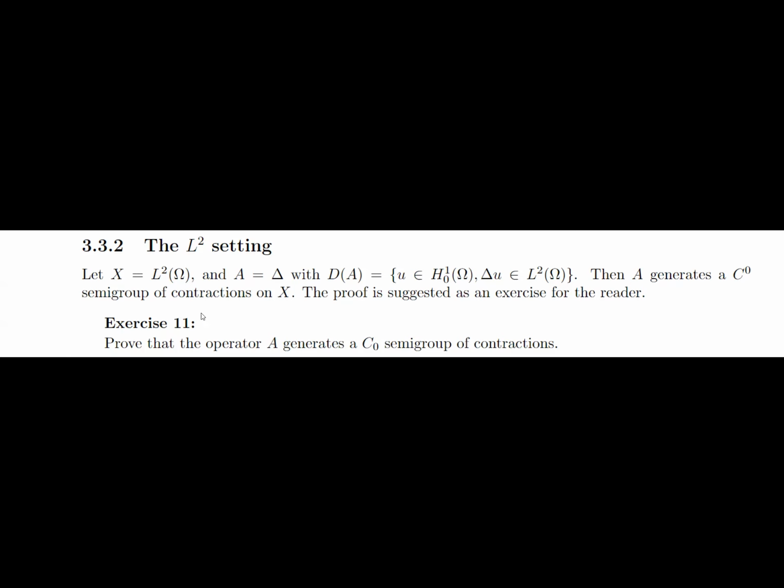All right, so we want to prove that A generates a C0 semigroup of contractions. To do that, first, D(A) is dense in L2. Those are classical results from the Sobolev space theory. Next, we want to prove two things.